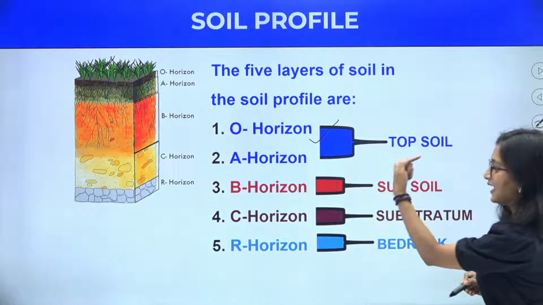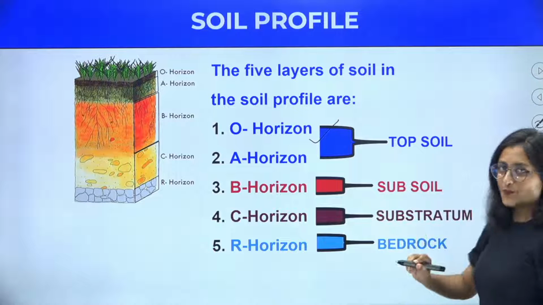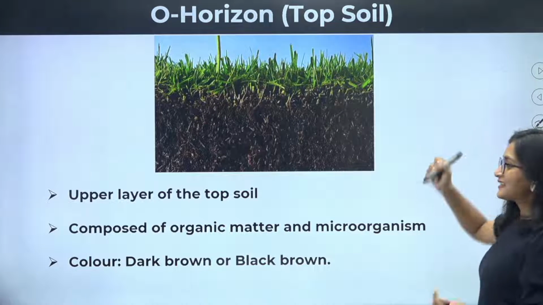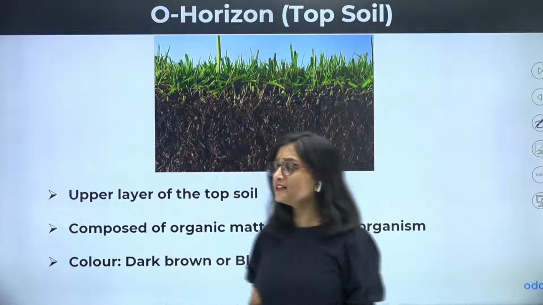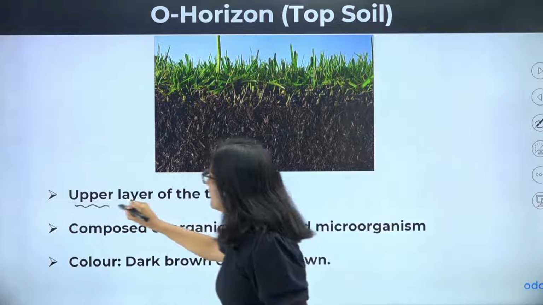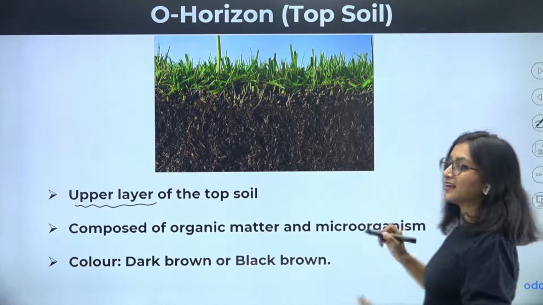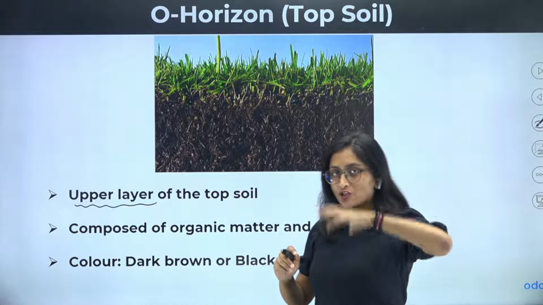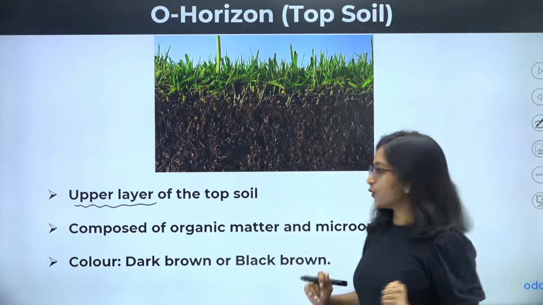And after that, A, B, C, and then we will further go for the R as well. So the very first layer is going to be the O horizon. Now, this is the uppermost layer of the soil.